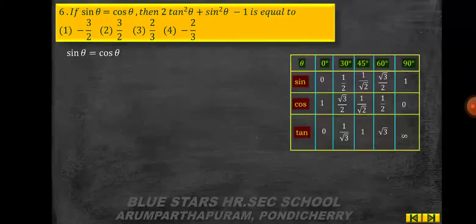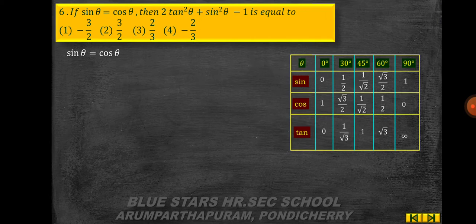We know the trigonometric table, theta values in degrees. Sin 0 degree is 0, sin 30 degree is 1 by 2, sin 45 degree is 1 by root 2, sin 60 degree is root 3 by 2 and sin 90 degree is 1. Similarly, we have the trigonometric table for cos and tan also. So here we are taking 45 degree for cos and sin.